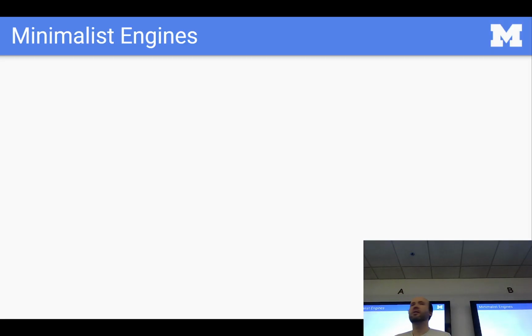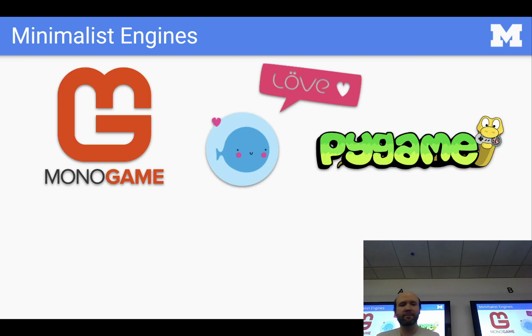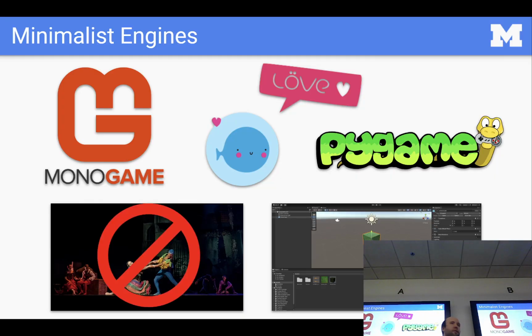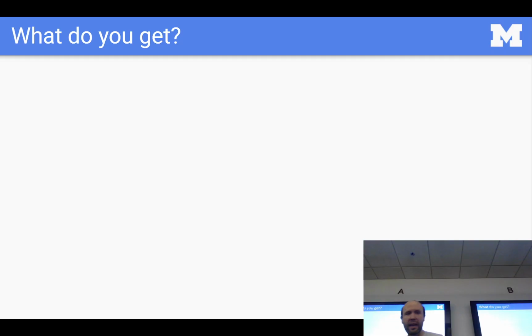Or can we just stick with the minimalist engines, things like Monogame, Love 2D, Pygame, where you start from scraps and you build up yourself? Only what you need, though, right? We don't need these concepts of theater motif. We don't need these big, chunky, confusing UI elements, editors.